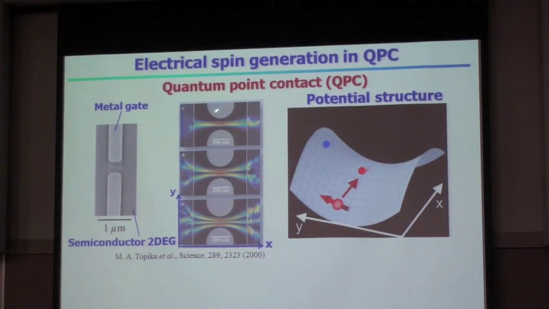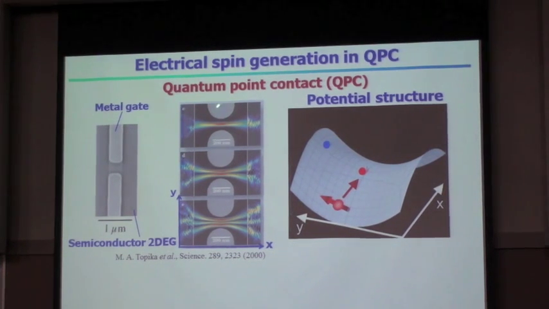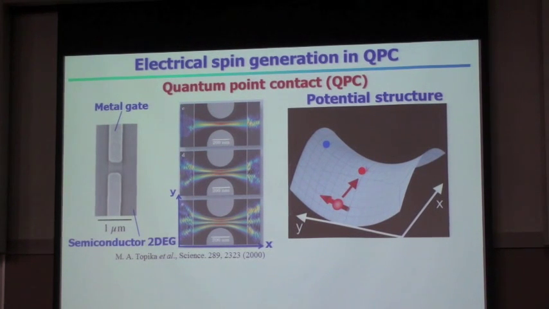And since this lateral confinement is really strong in this area, the potential structure is spatially modulated like this. The x direction is along the channel direction, and the y direction is perpendicular to the channel. And when we focus on these two different points in this structure, one is just above this conduction electron channel, and the other point is where it starts to deplete because of the lateral gate bias voltage.